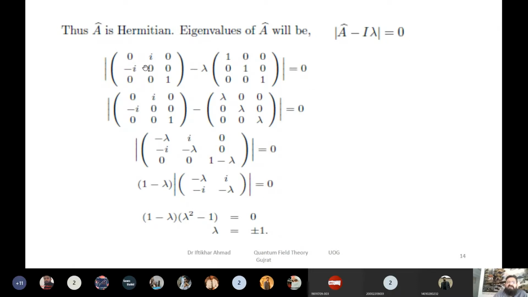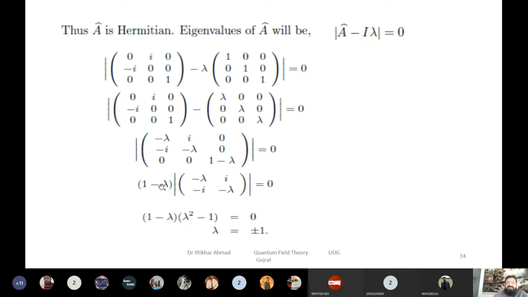So put the value of a here and then lambda, and this I is the identity matrix, 3 cross 3. Then you multiply the value of lambda inside every element of the identity matrix, and then you subtract this and you get this expression. So finally you can take the determinant of this expression.